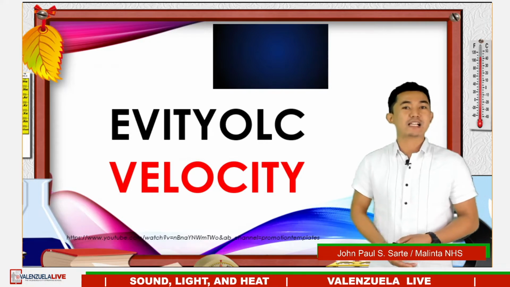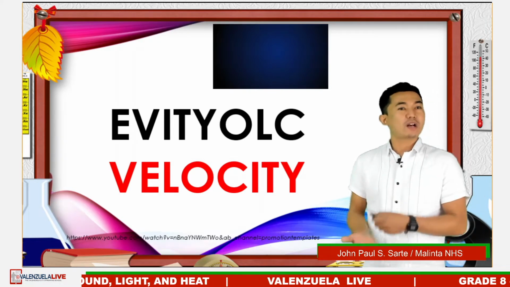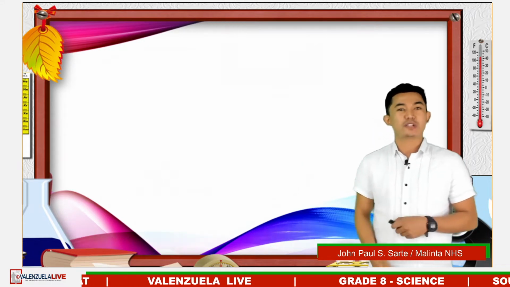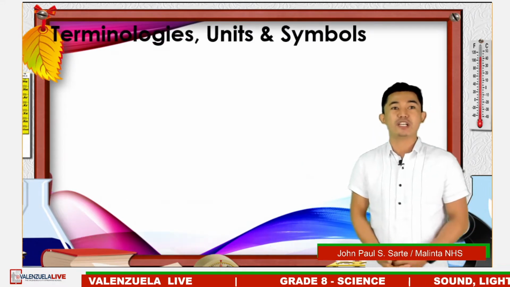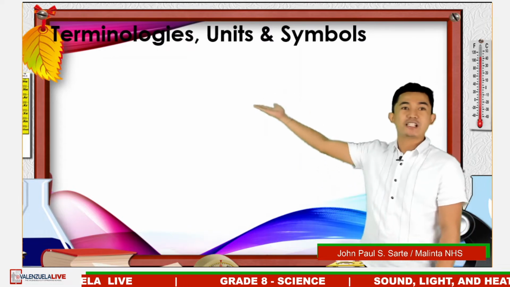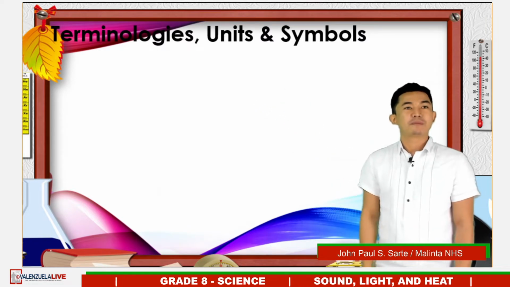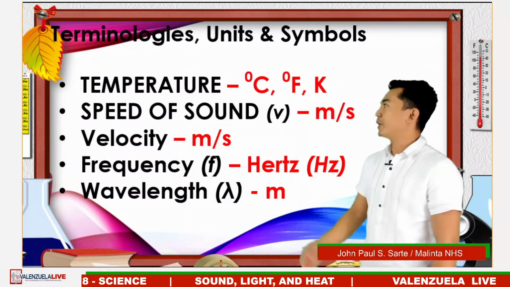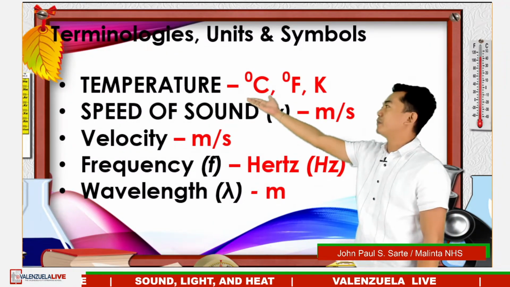Now, those terminologies are quite important in our discussion. And we will discuss those first: velocity, meter per second, and those familiar words. So let's have first the terminologies, units, and its symbols. First word is temperature.